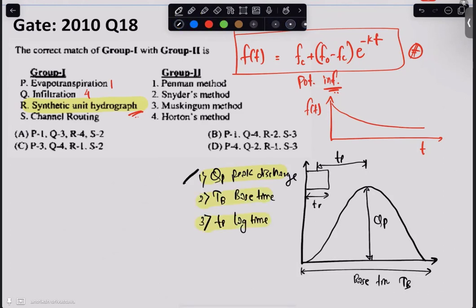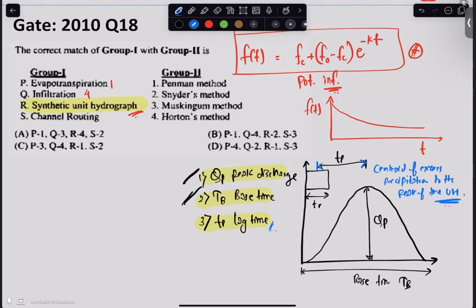So the peak discharge and the base time are pretty evident from their name itself, but the lag time is often confused when we try to define it. So the lag time is defined as the time from the centroid of the excess precipitation to the peak of the unit hydrograph.